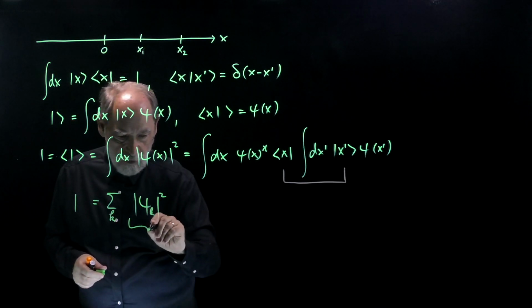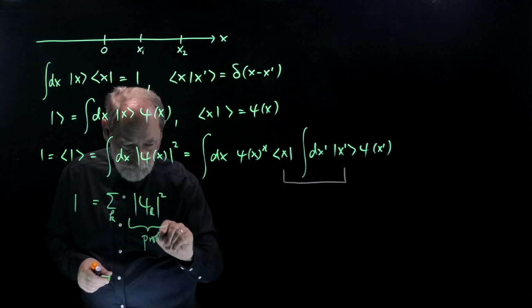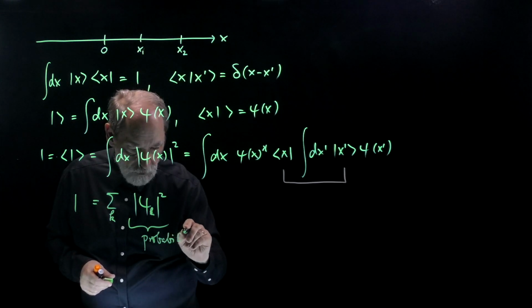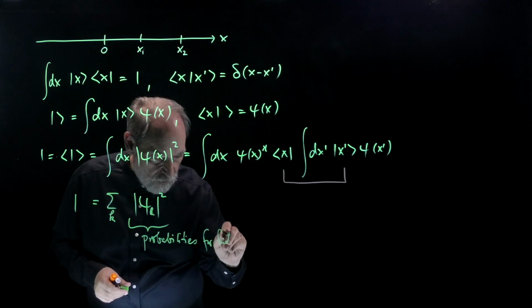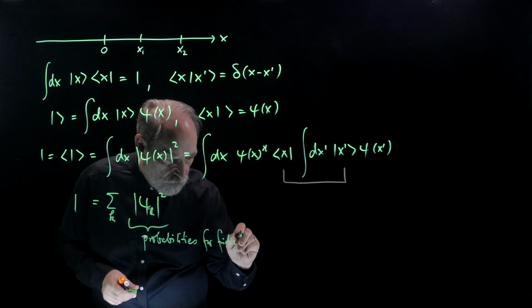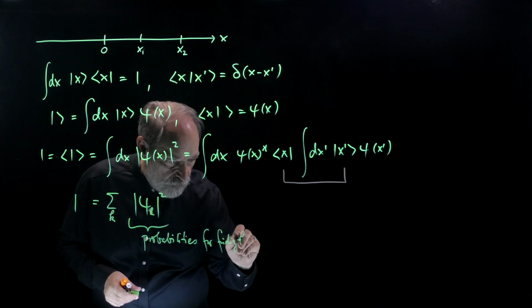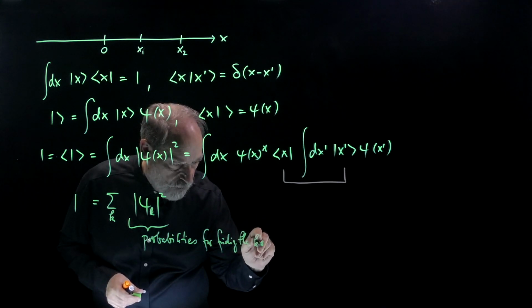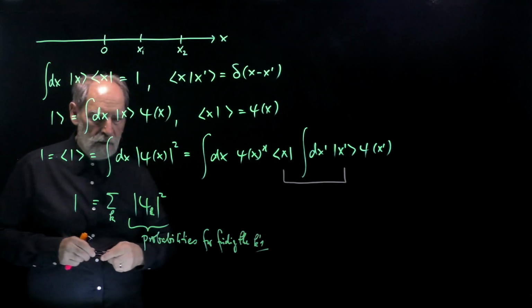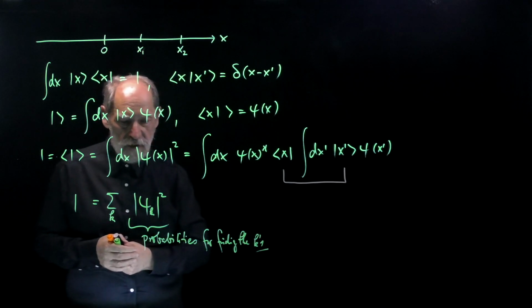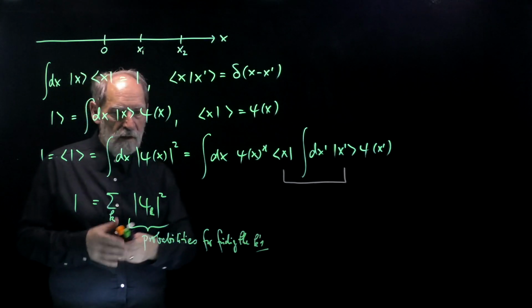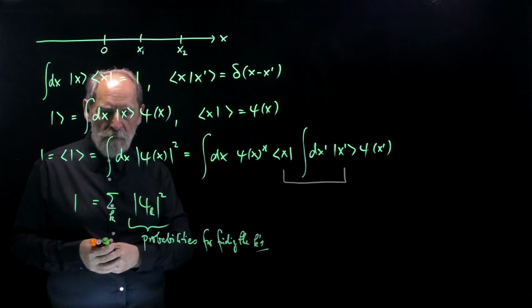And these were the probabilities for finding the case. So there is psi 1, psi 2, and so forth. Squared gives us a probability for case 1, case 2, and so forth. Now we have the psi of x squared.